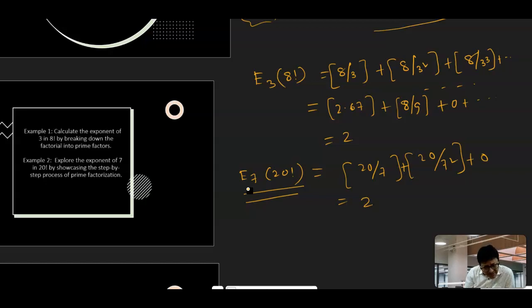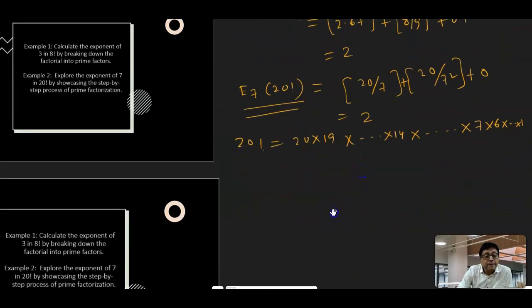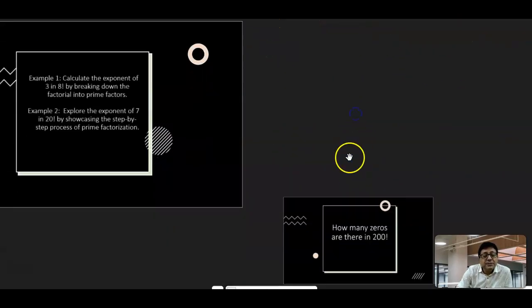It's quite obvious. When you write factorial 20 in the form 20, 19, and so on, it will occur in one case in 14 and in another case in 7. So it will occur twice. This is very helpful. We can do any calculation on prime factorization based on this concept.